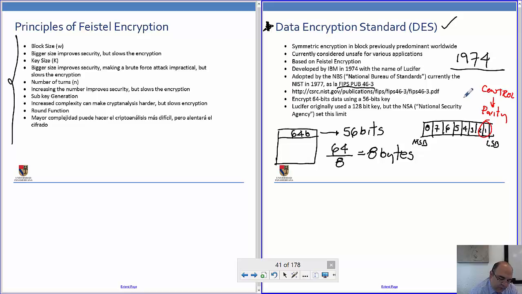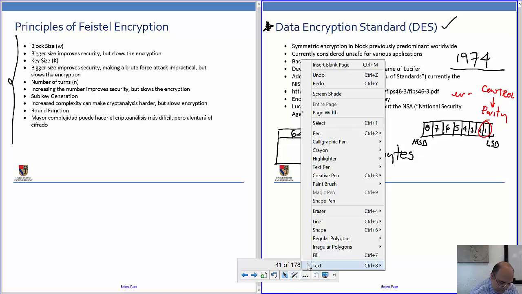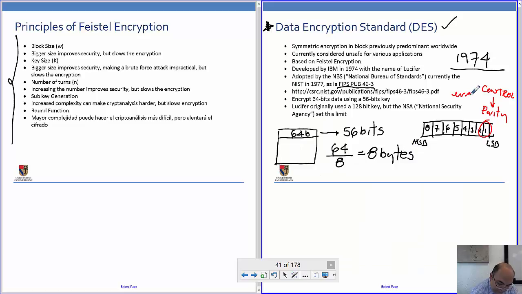It was used to check for errors. So in reality, we have 7 bits.